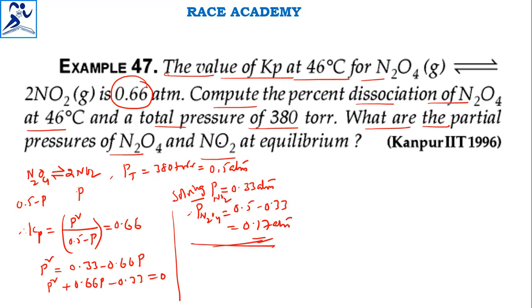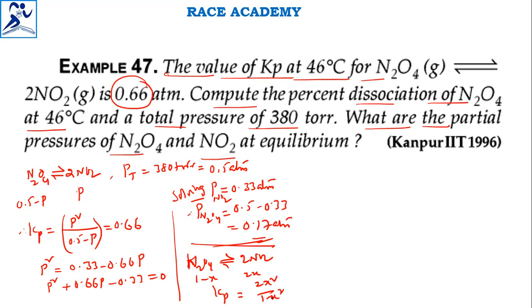And the second question they asked is to compute the percent dissociation of dinitrogen tetroxide at 46 degrees Celsius. For this, we know that for this type of question, N2O4 in equilibrium gives 2NO2. Including dissociation, with 1 minus x and 2x as the expression, Kp will become equal to 2x square by 1 minus x square.